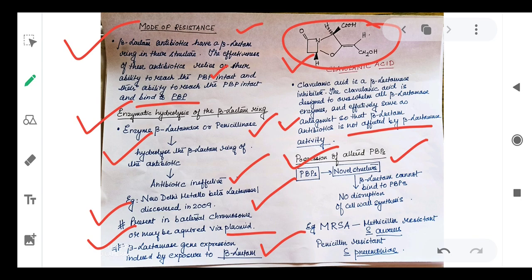An example of such pathogens is the evolution of MRSA, methicillin-resistant Staphylococcus aureus. In my last class I discussed that in 1959 methicillin was produced to kill drug-resistant bacteria which were penicillin resistant. But in 1960, methicillin-resistant Staphylococcus aureus was developed.